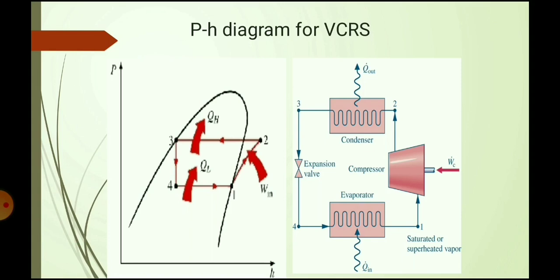Because process 2-3 is a heat rejection process at constant pressure, it is an isobaric line, and during this process there is rejection of heat from the refrigerant in the condenser to the surroundings, and due to heat rejection the refrigerant, vapor at 2, is converted into saturated liquid at 3.